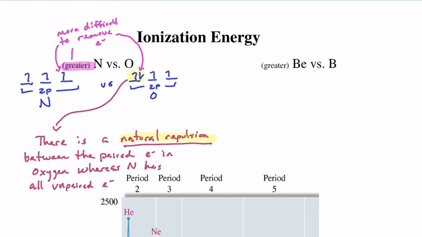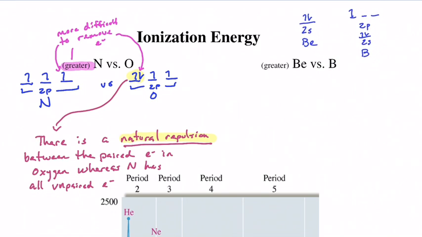Be looks like this. I gotta write this smaller. I'll write it at the end. B looks like this. I need to shrink this.